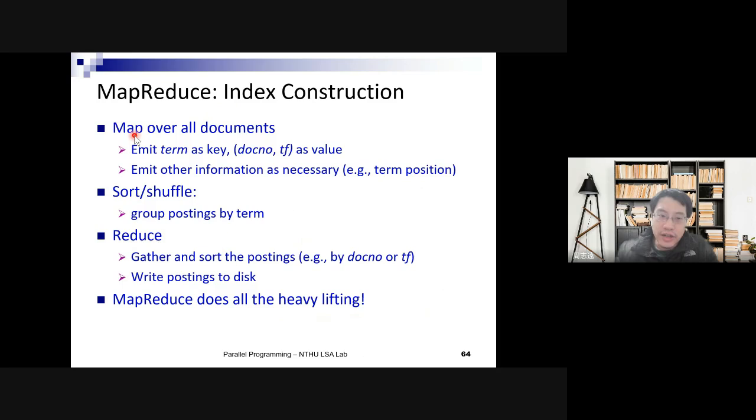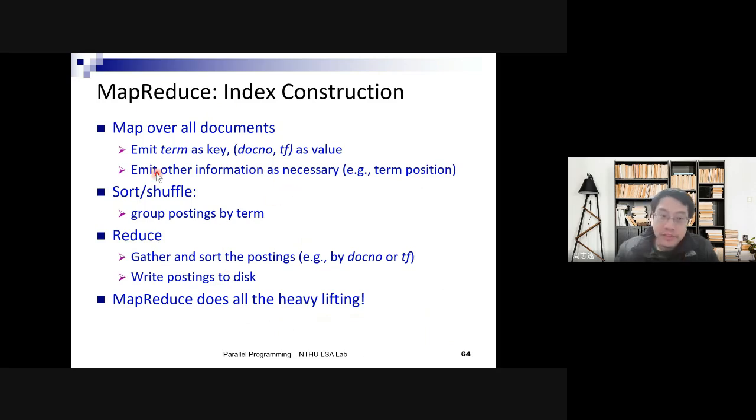The idea is that the map function scans through the document, and whenever it sees a term, it will emit the term, the document ID, and how many times it sees the term in the document. If you only read part of the document, you can still output the partial result. It doesn't matter because in the reduce phase, we're going to aggregate all the counts together.